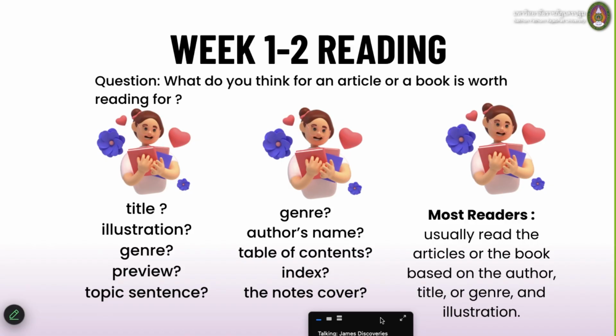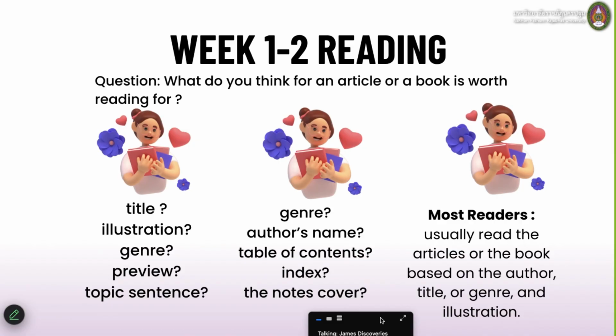Personally, I like to read by the authors actually. So I like to read books by Sidney Sheldon, like mysteries about crime, something like that. I like this kind of books, such as a book that I read, I forgot the title, but it's about something like everything has purpose.